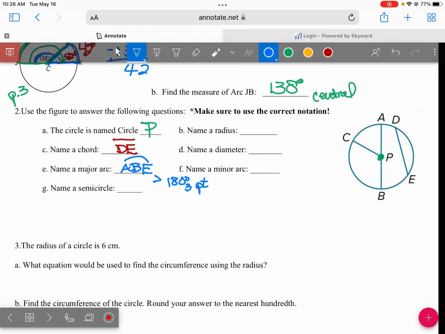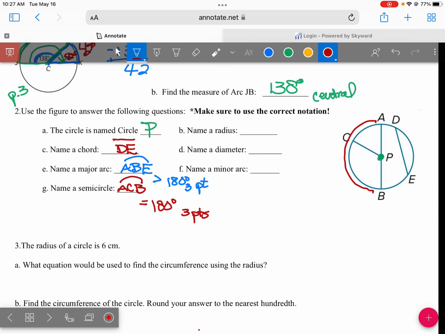Like 180, which is a semicircle. ACB has to be equal to 180 degrees because the endpoints are the diameter. But if it's CAB, then that's a major arc. CAB, yes, that would be a major arc also.